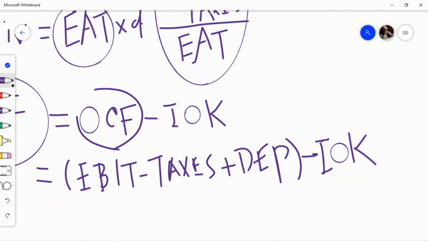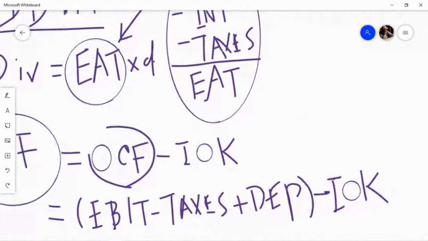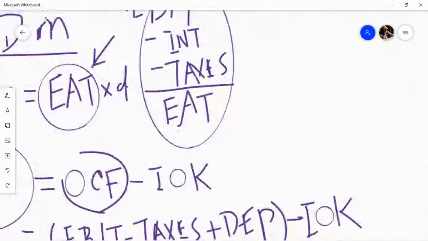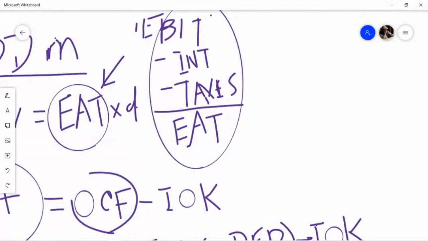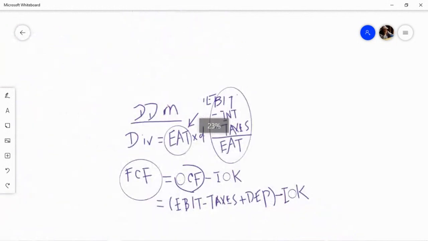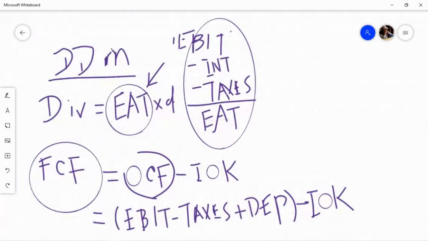Okay, so now if you think about it, that's where they separate, I mean, dividend and free cash flow. Free cash flow is, of course, a much bigger number, a much bigger concept than just the dividend, right? Because from EBIT, they separate.